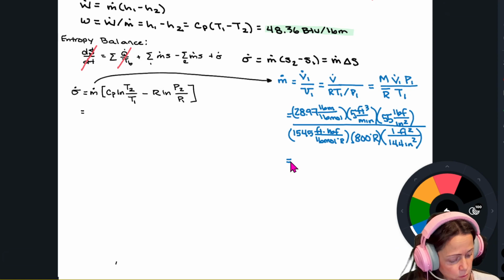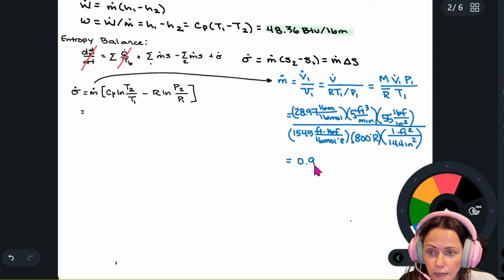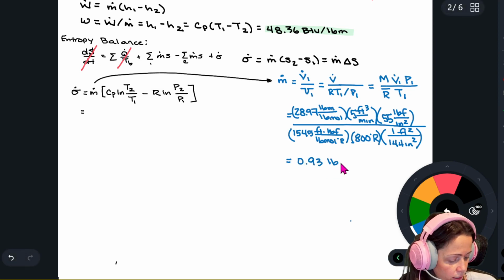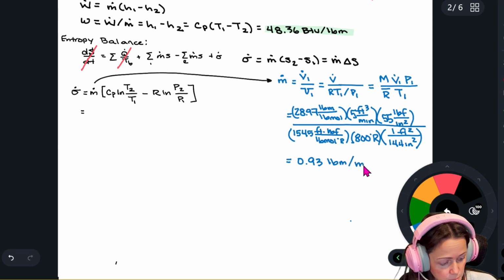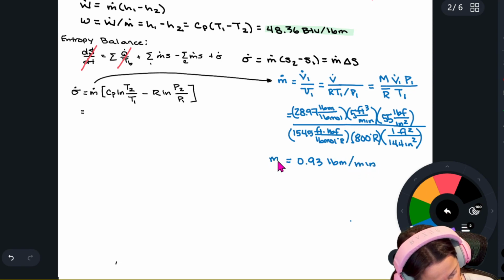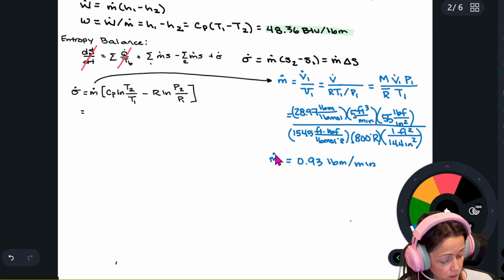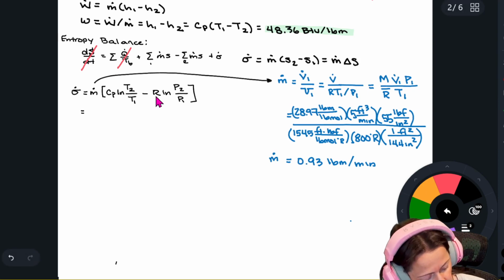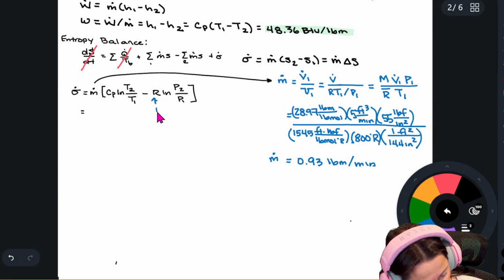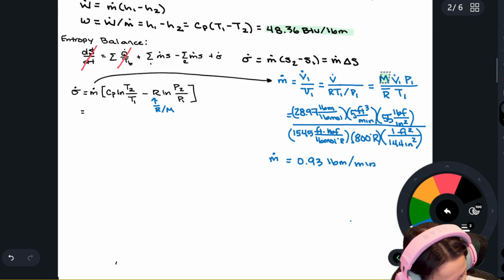So I've got a mass flow rate of 0.93 pound mass per minute. There's our m dot. And of course, this also has to be R bar over my molar mass, same thing that I did over here.